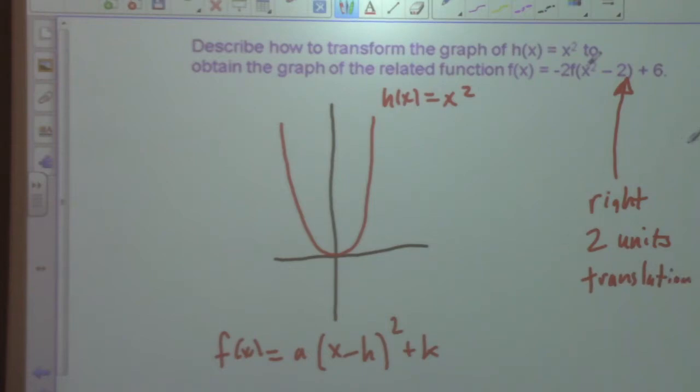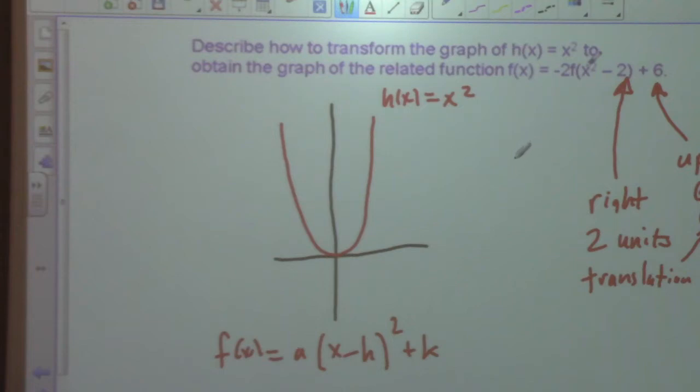Okay, what else? What does this plus 6 do? Up 6, he says up 6 units. And that would also be a translation as well, right? Okay, good. And so I guess we just have one more thing to take care of.